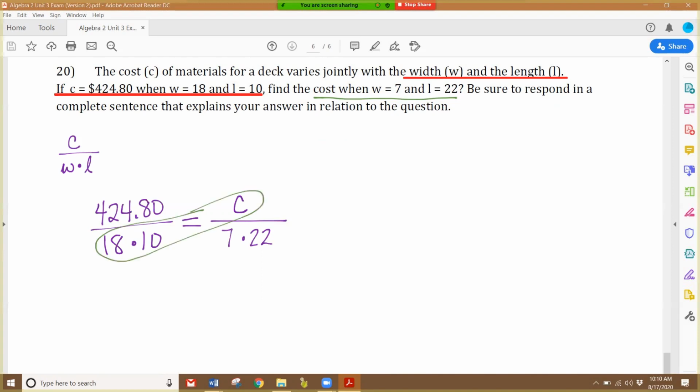And then I'm going to cross multiply. So 18 times 10 times C is 180C. 424.8 times 7 times 22 is 65,419.20.